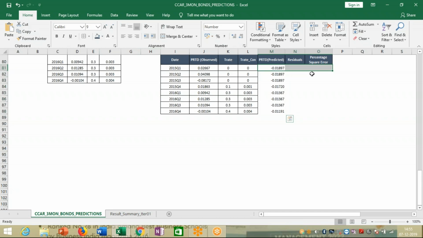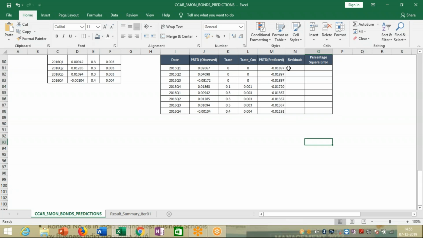The residual is the actual minus the predicted values.